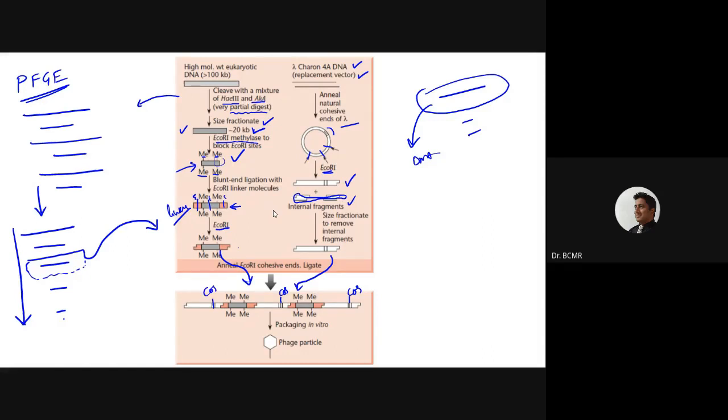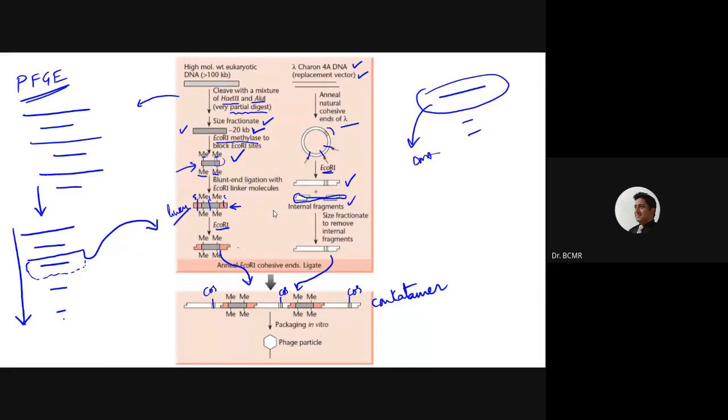So it might form a molecule of repeating units like this, and that is called a concatemer. I hope you remember this concatemer from when we discussed lambda phage biology.